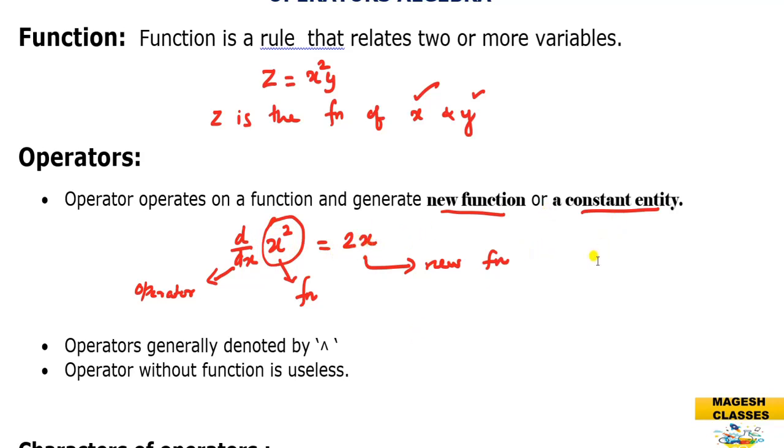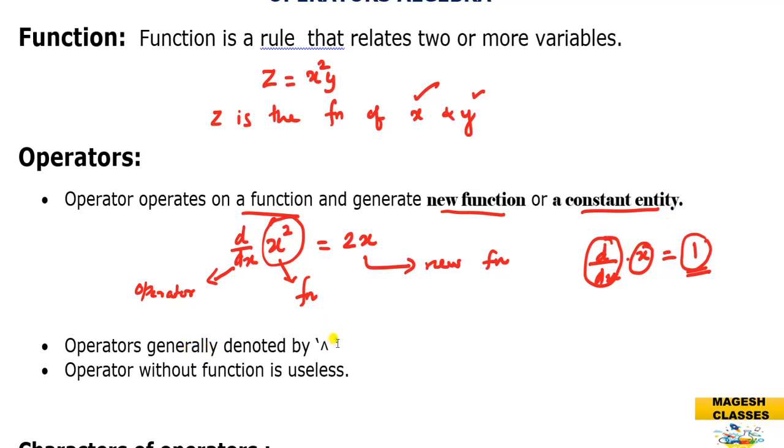Okay. Consider this example: d by dx of x is equal to 1. What is the operator here? The operator is this one, and this is the function. It produces the constant one. So an operator operates on a function and generates a new function or a constant entity.